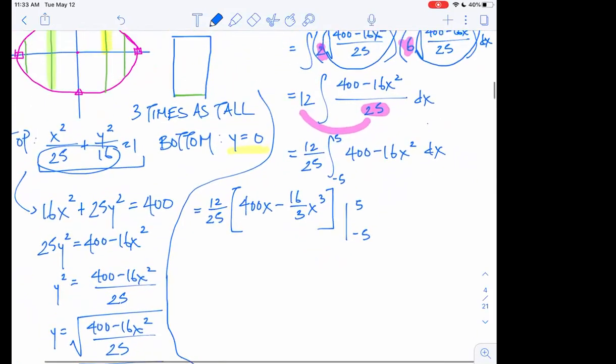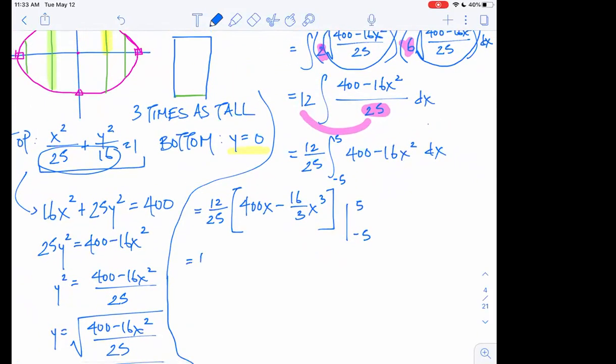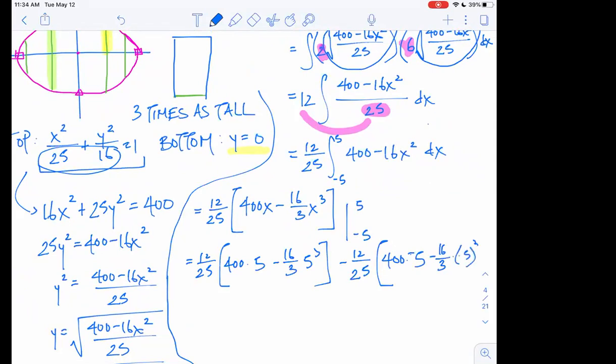So I get 12 over 25 times 400 times 5, minus 16 over 3 times 5 cubed, minus 12 over 25 times 400 times -5, minus 16 over 3 times -5 cubed.